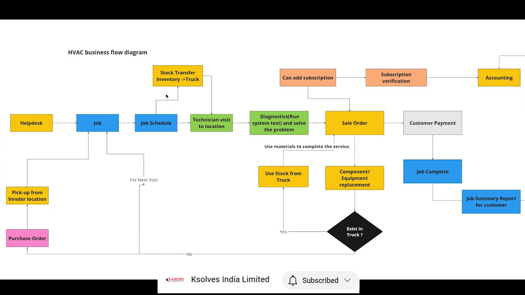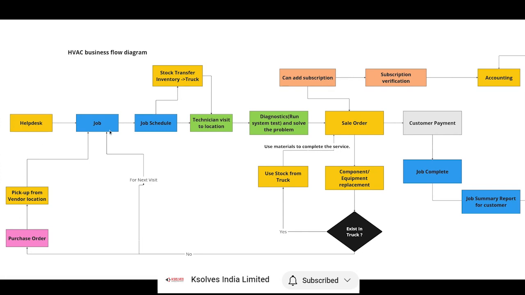Then we can load this again on the truck, and this moves forward in the same process. Here we have an option: either the technician can pick it up from the purchase location or the vendor can send it to our own inventory.